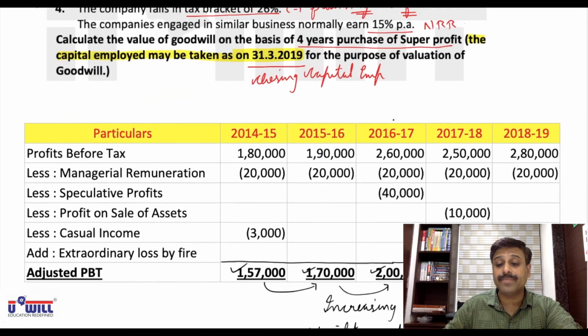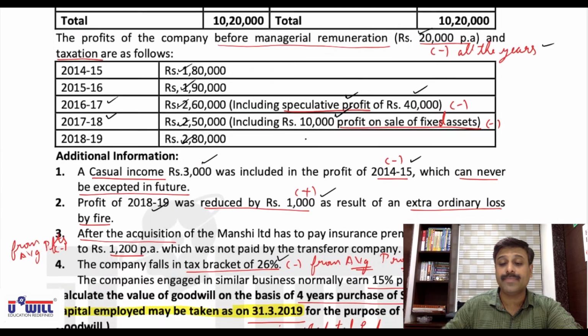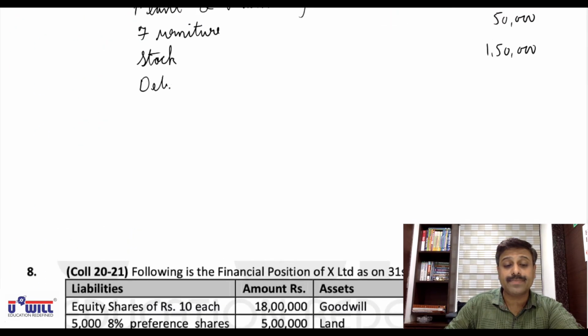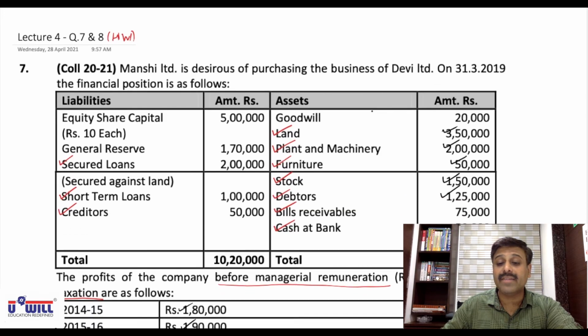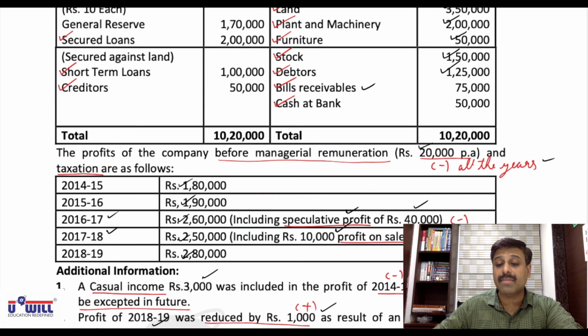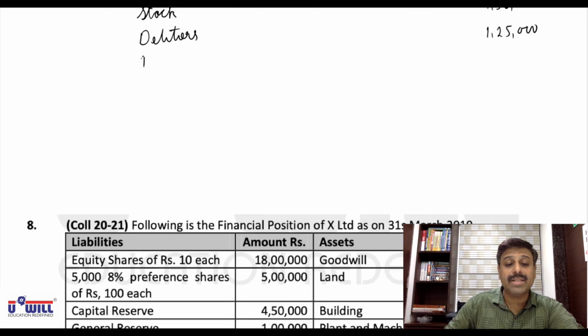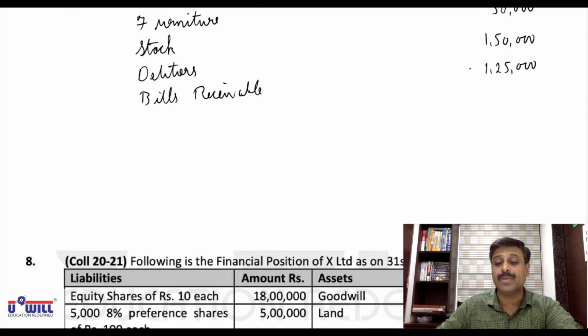Then we have debtors 1,25,000. Then we have bills receivables 75,000 and cash at bank 50,000.